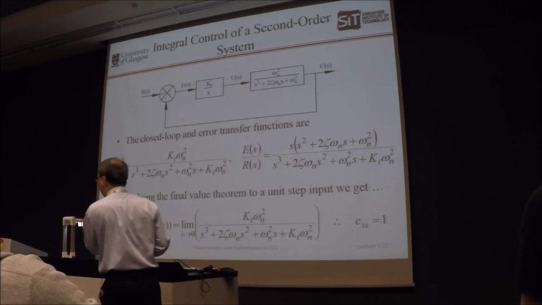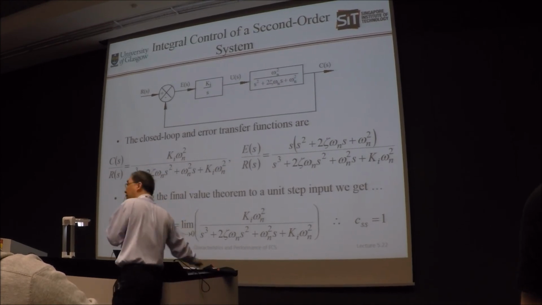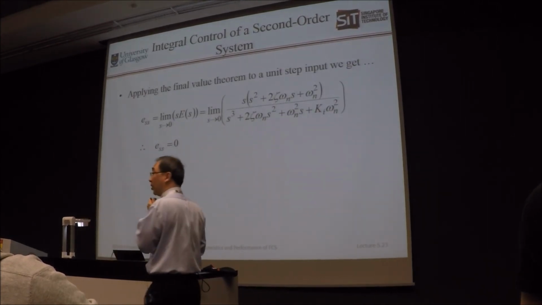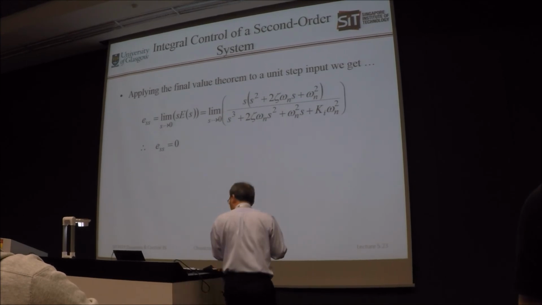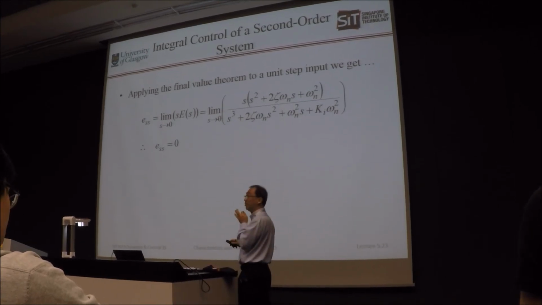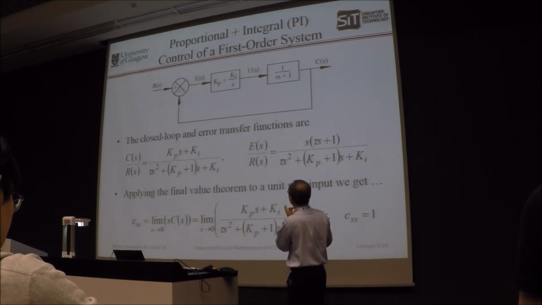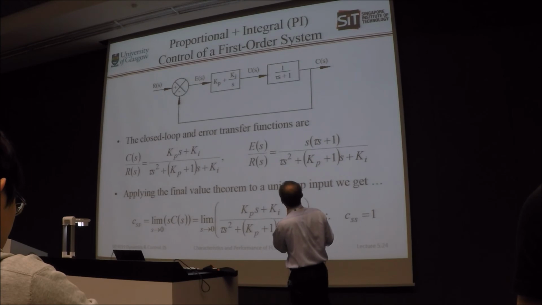If you apply the final value theorem, your CSS is equal to 1, so your ESS is going to be equal to 0. A very straightforward, standard, clear-cut result, because that is the whole idea of using it.